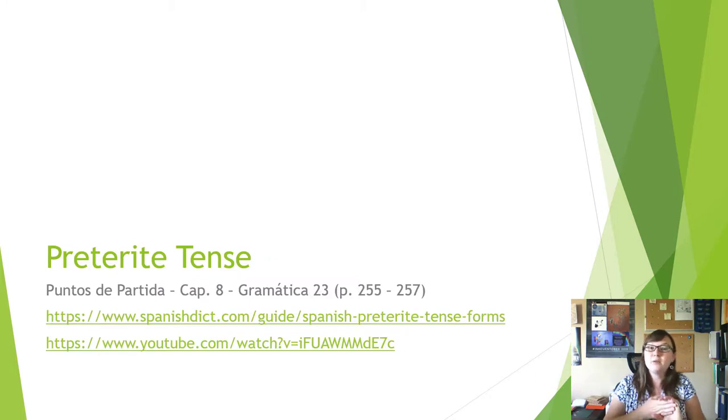So, as I said, we're going to focus on the preterite tense today. This is from Puntos de Partida, capítulo 8, la gramática 22, en las páginas 255 y 257. You can also learn all about the preterite tense at SpanishDict.com. There's a link in this week's quiz.